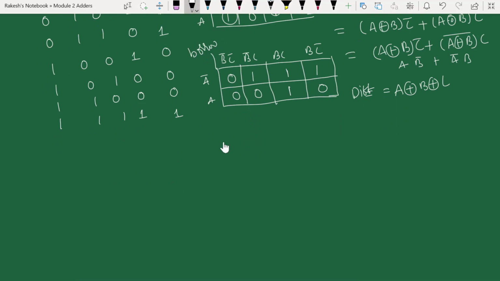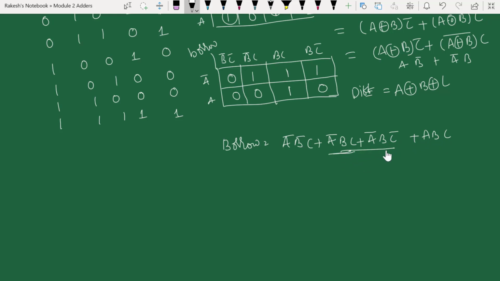If I take a circuit for borrow, or if you try to minimize for borrow, you have the possibility of forming pairs and other things, but we are going to take the other way around so that we can get a simplified circuit. I am going to take individual elements: a bar b bar c, then a bar b c plus a bar b c bar plus abc.